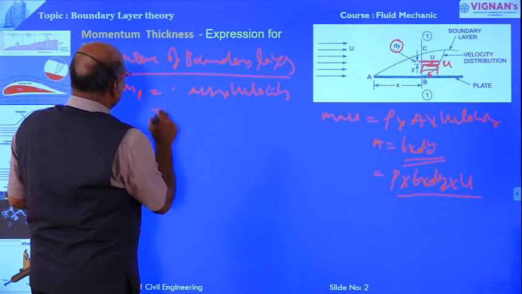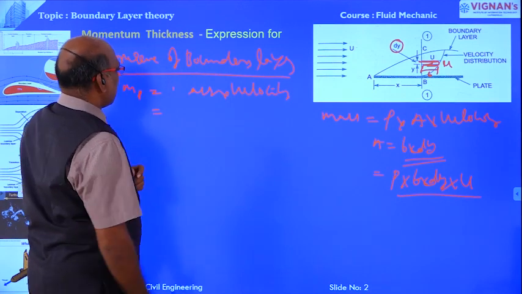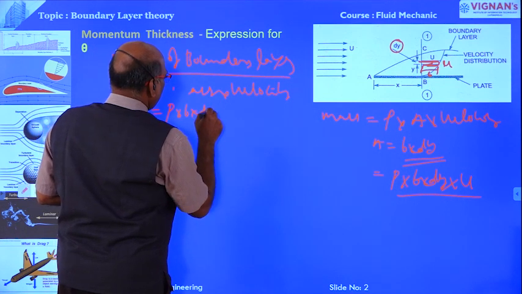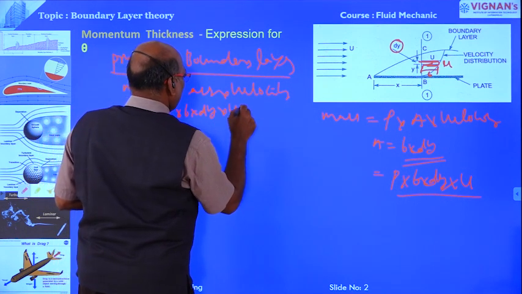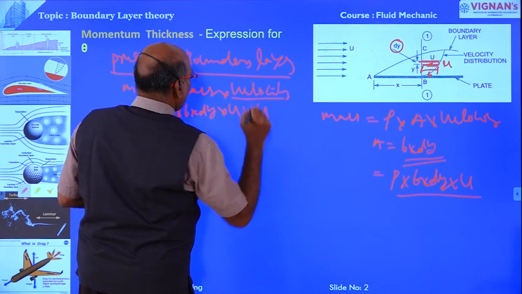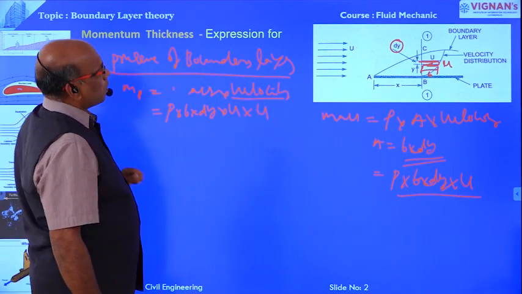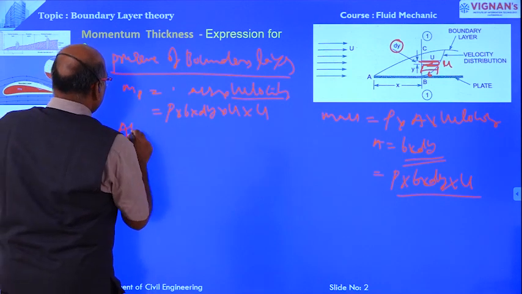Now, momentum in the presence of the boundary layer equals mass, rho b dy, into velocity u, so rho b dy u into u. This is the presence of the boundary layer.